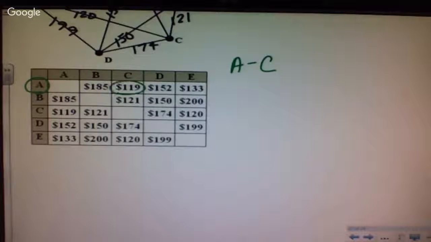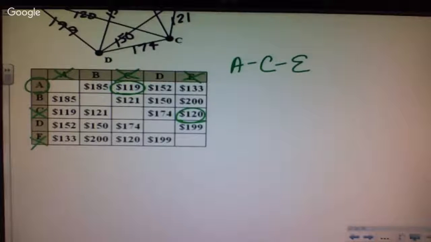That was a value of 119. From C, I have to go to either B, D, or E. E is my next cheapest. So 120. So we've now gone to E.